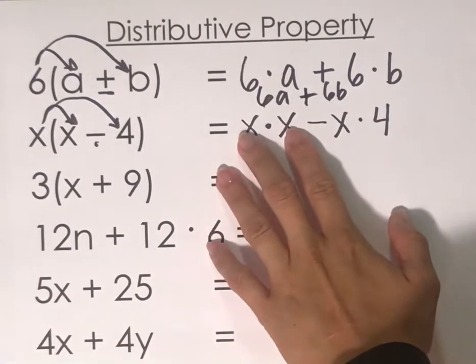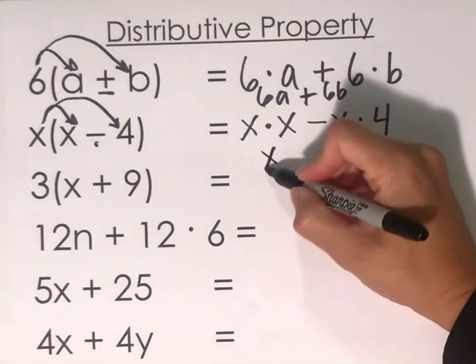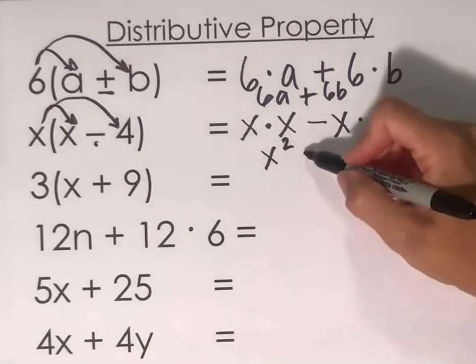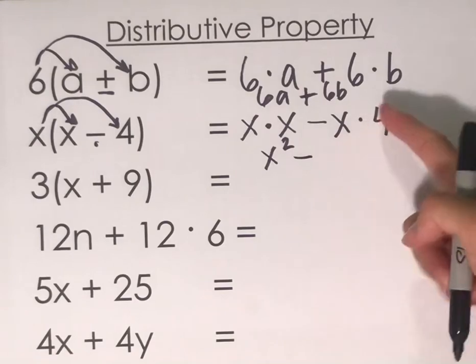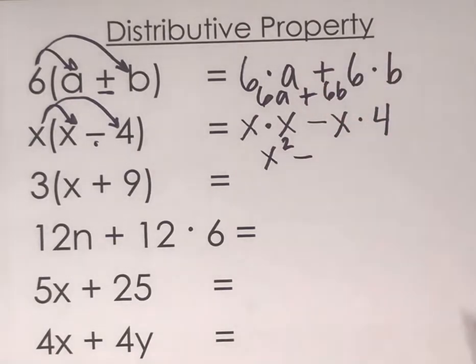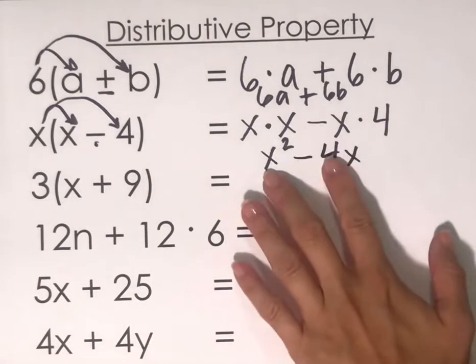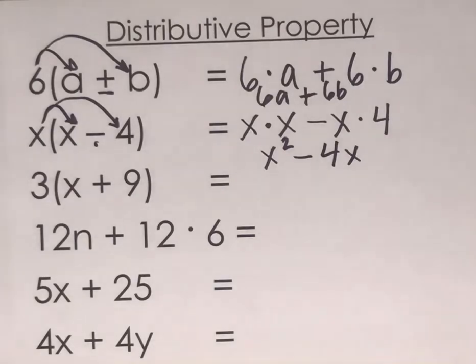So here I have an x and an x. Remember, x times x is an exponent. So that would be x squared minus, I want to get rid of my dot, but remember my coefficient needs to be in front of the variable. So then this becomes 4x. So as you can see, I just created 3 equivalent expressions for each one, just in one step, okay, using the distributive property.